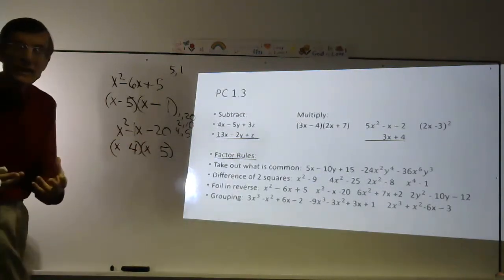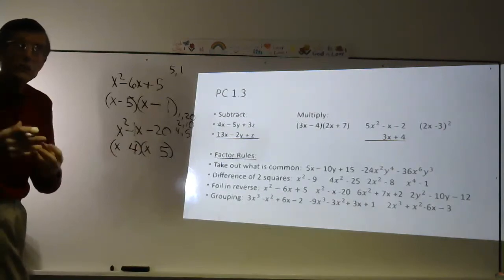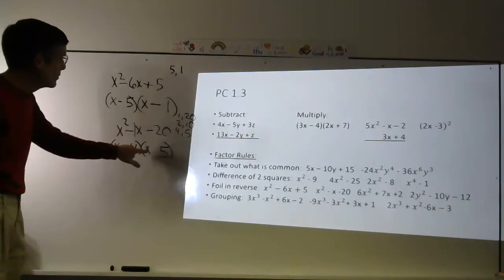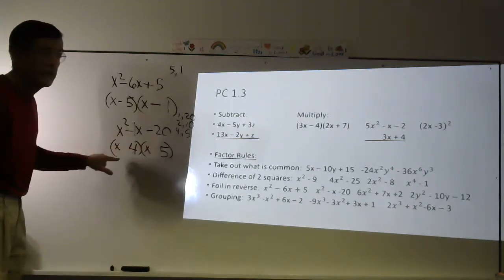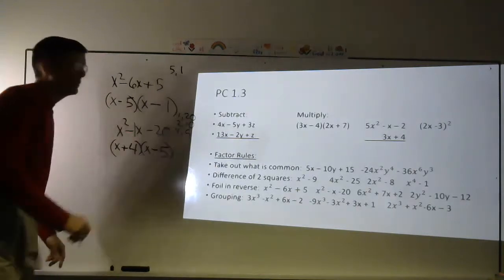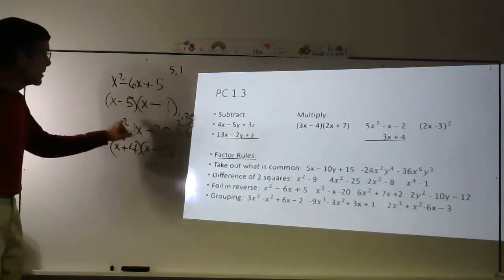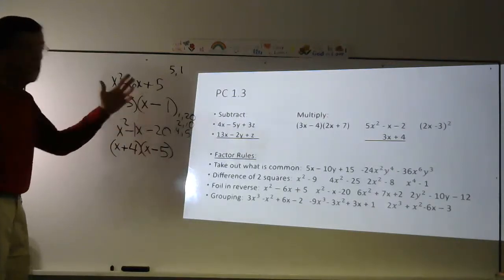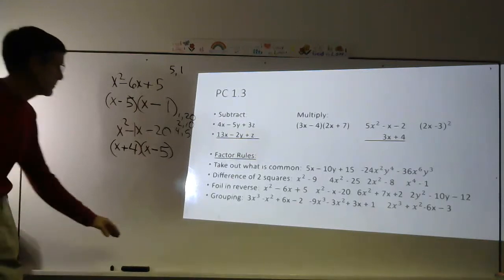Because when you add a positive and a negative, you subtract and give it the sign of the biggest. So this negative sign goes with either the 4x or the 5x. It goes with the bigger, should be here, and that's positive. You can check it. x times x is x squared. 4x and a negative 5x makes negative 1x, negative 20. Check. Okay?